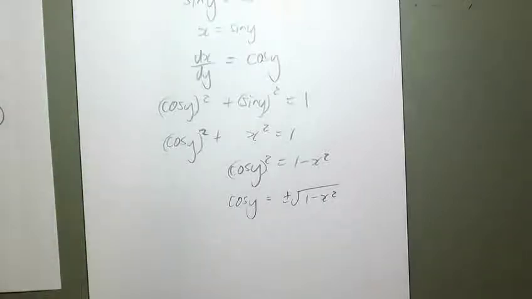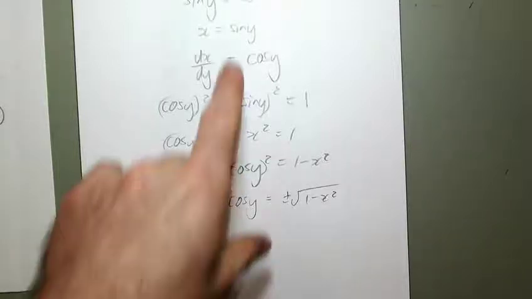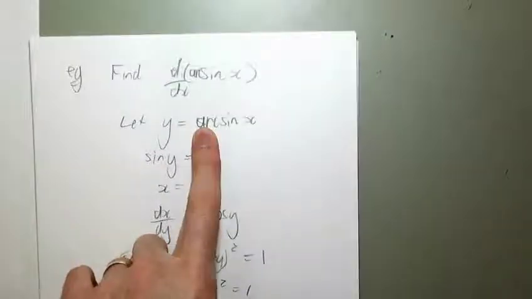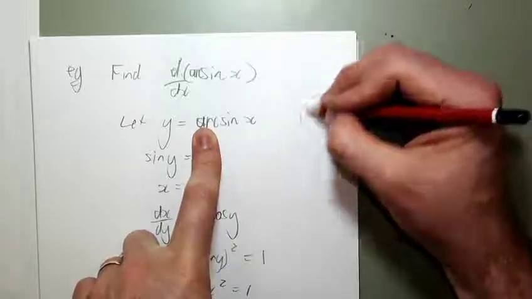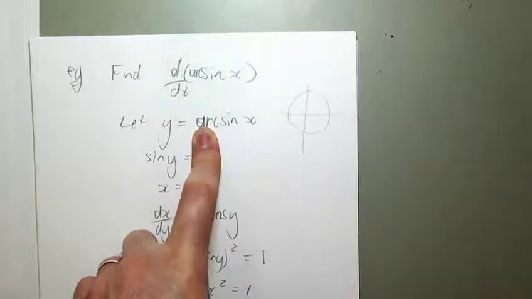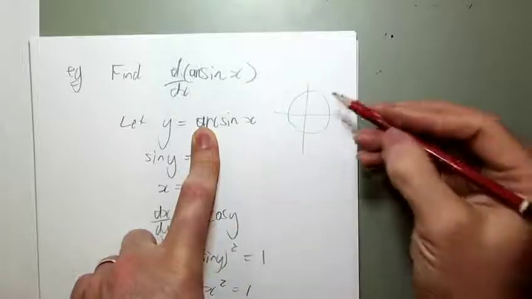Because it can't be both, or it wouldn't be a proper function. So I have to choose one of them. And I have to choose one of them based on this vital piece of information. y is arcsine x. And if y is arcsine x, then as an angle in the unit circle, that means that y is here.